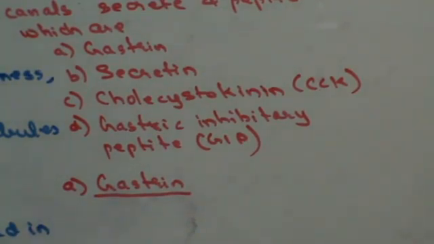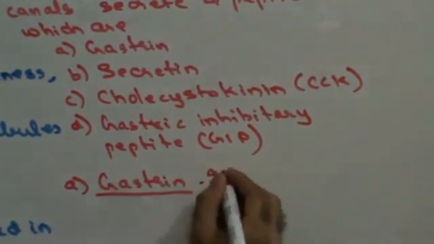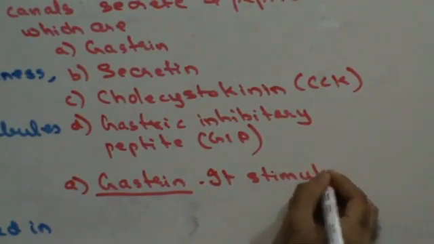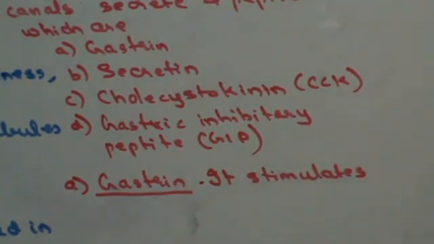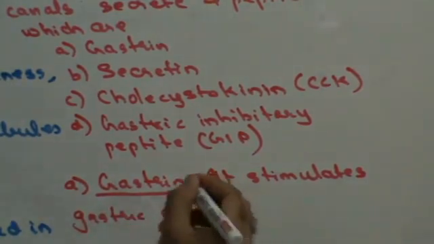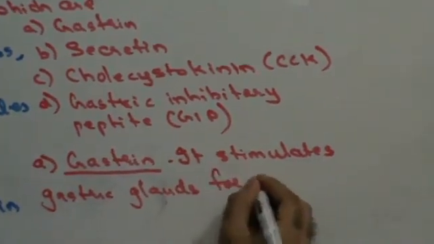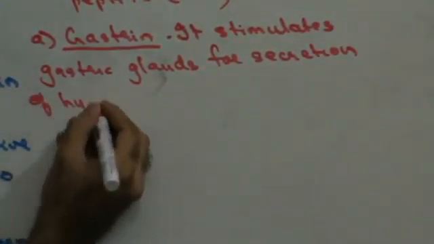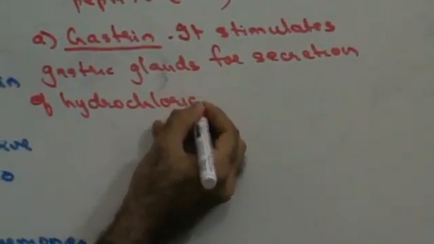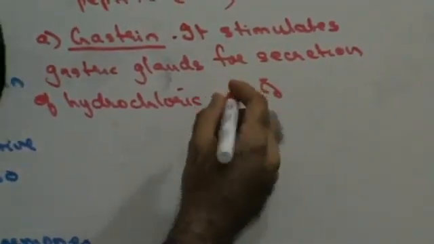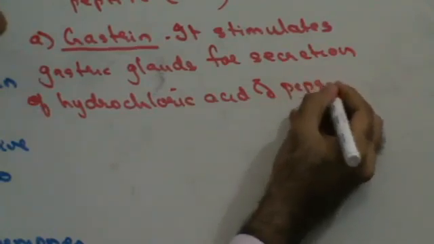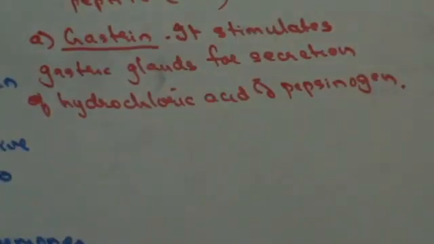Gastrin stimulates the gastric glands for secretion of hydrochloric acid and pepsinogen. Right? That was gastrin.